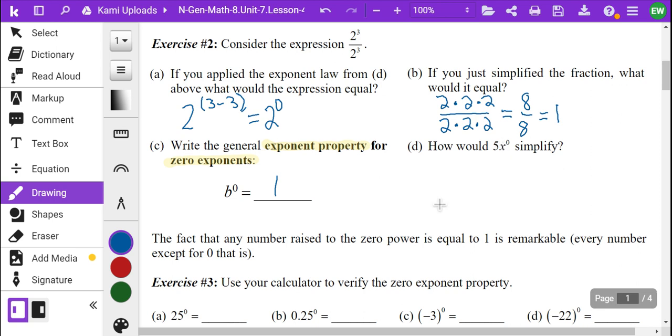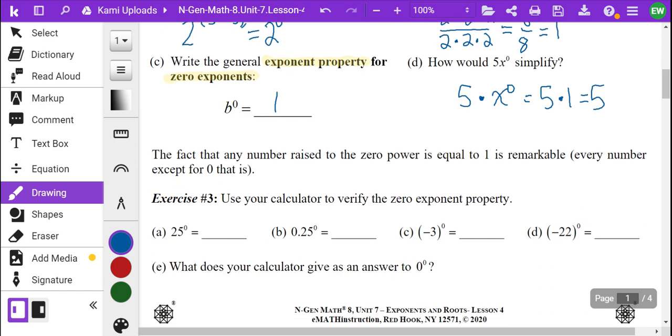Go ahead and try that one. So 5 to the x to the 0 power is equal to 5 times 1, which is equal to 5.